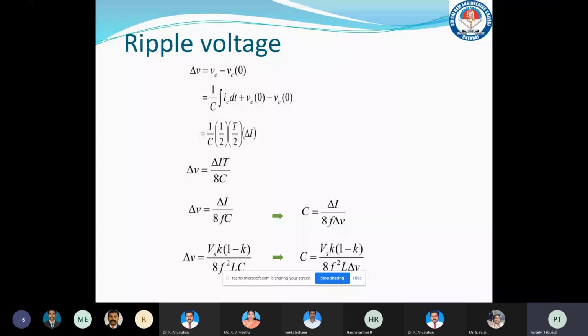The ripple voltage is nothing but the capacitor voltage minus the initial voltage, VC minus VC of 0.